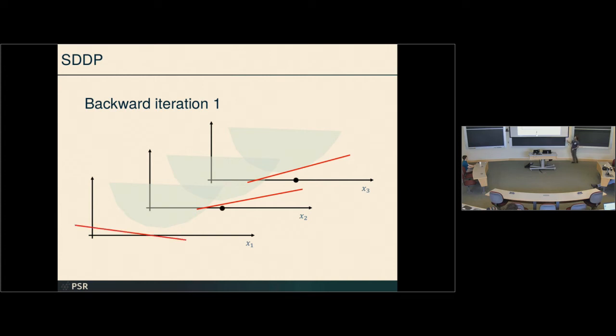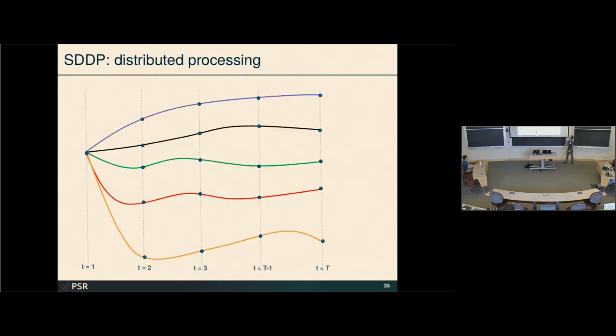So you keep adding cuts, and then you go forward once again, and then you go backward once again, building your future cost function. Here we're showing that a better cut was obtained by the better approximation here. So this is just to get a glimpse of the algorithm, so I can talk about some stuff later on.